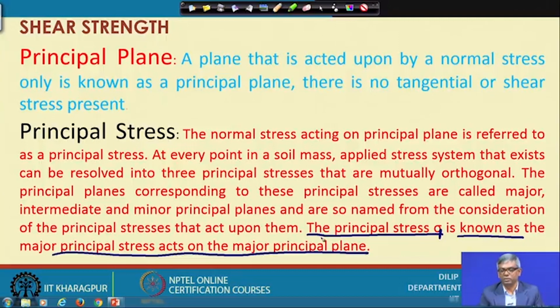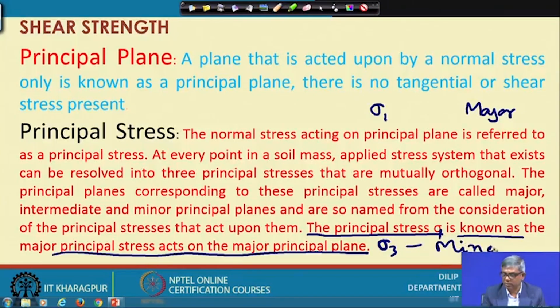So there are 3: where sigma 1 is acting, that is major; where sigma 3 is acting, that is minor; and where sigma 2 is acting, that is intermediate. This is the way we generally classify.